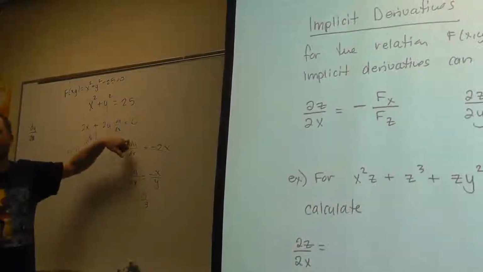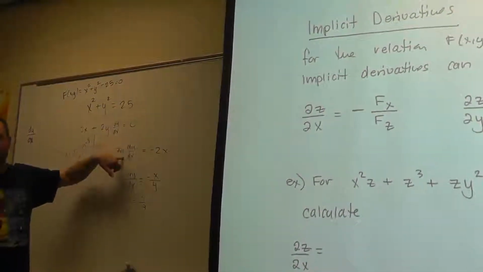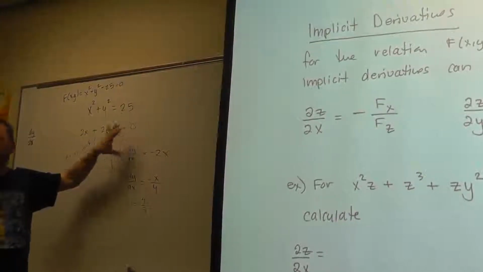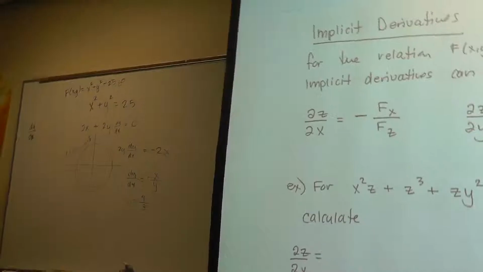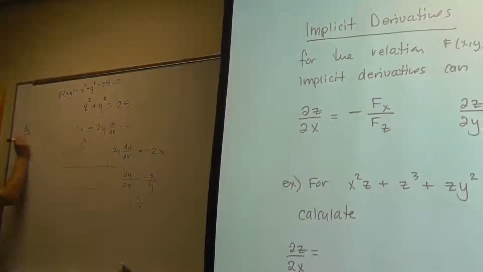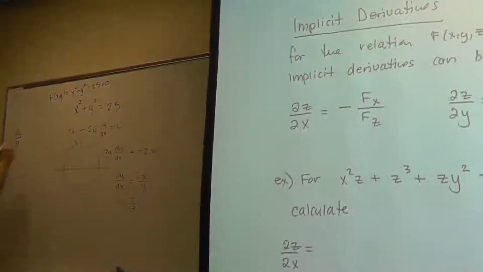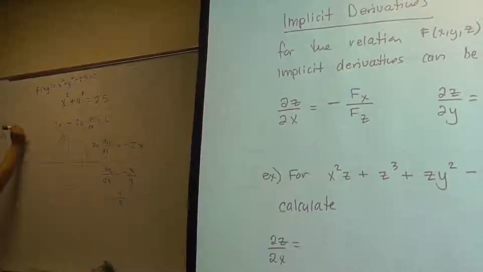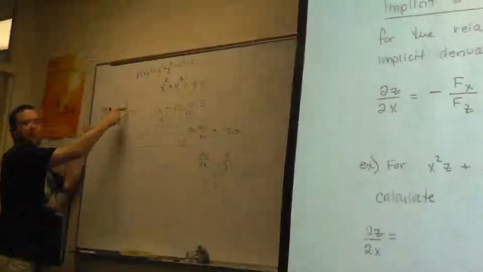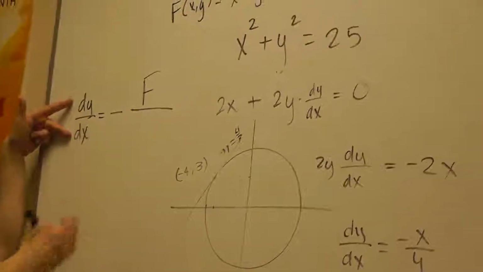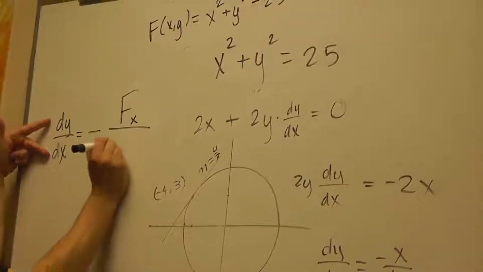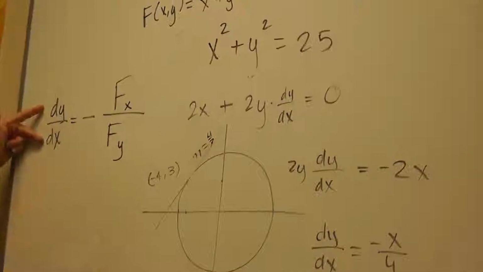And again, this isn't a function, but you're still wanting y's rate of change with respect to x to come from a slope where y depends on x. So that's why you're using this here. But it still involves the same calculation. If you wanted to make a parallel between that and this, this would equal negative F's partial with respect to whom first? X. Yeah, keep in mind it's going to flip. So this would be F's partial with x over F's partial with y.